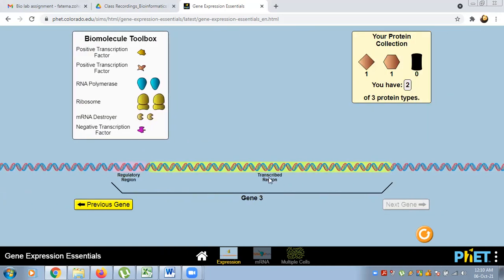This is gene 3. Okay, so for gene 3, I need positive transcription factor again. That will help the binding of RNA polymerase to the DNA. Before that, it's not being bound because I have to place another positive transcription factor here. Yes, now RNA polymerase. See, the mRNA is ready.